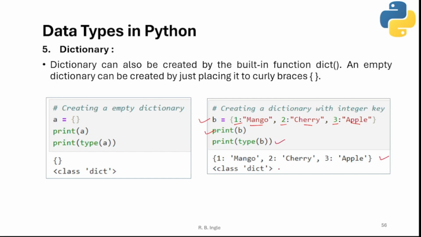I am checking the type, and it gives dictionary. Now I can also create an empty dictionary by using curly brackets. I am printing it, an empty dictionary is created. Once I check what this A is, it tells me it is a dictionary. So once I write simple curly brackets, it will be a dictionary, not a set.